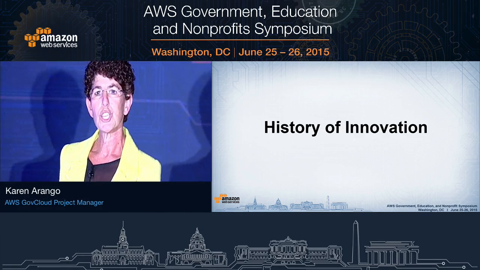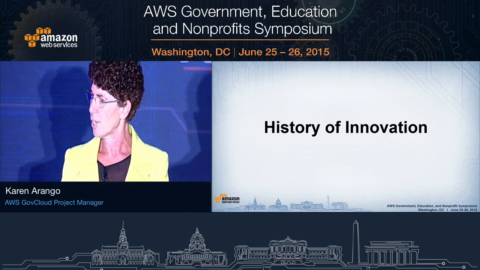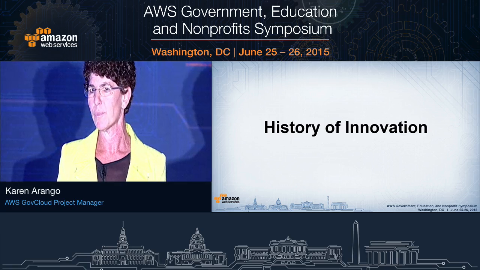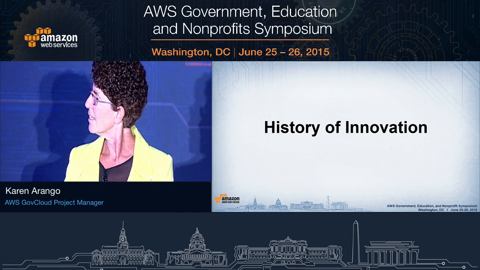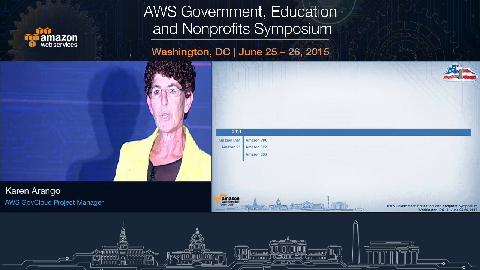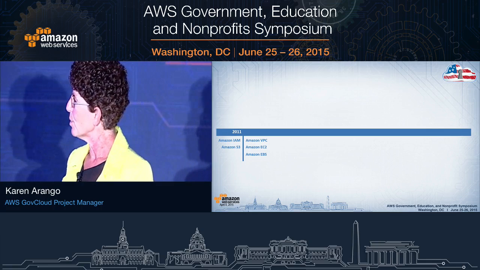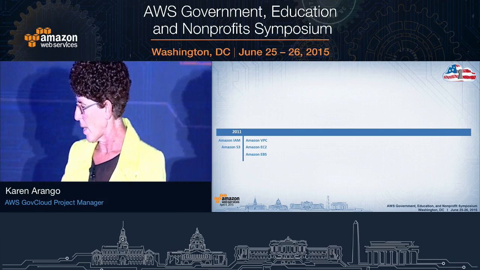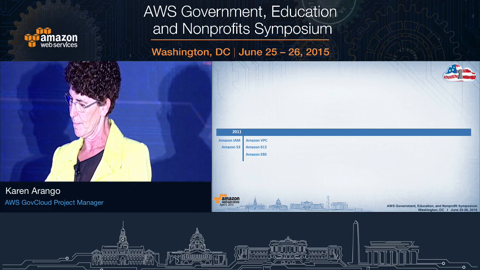And I want to talk a little bit about where we've been and where we're going, the history of innovation. You know, the AWS region started in 2006. The GovCloud region was built in 2011. And we started with basic services like compute and storage, IAM, and EBS.